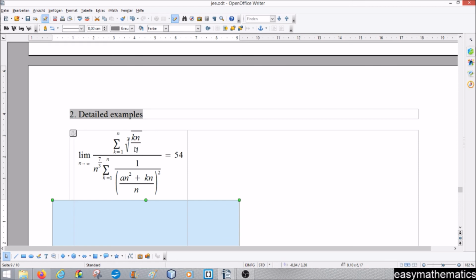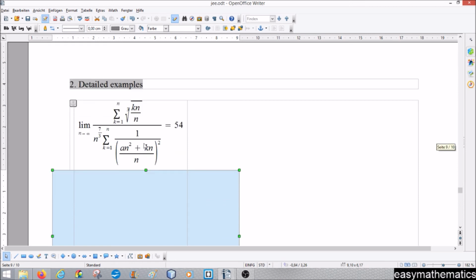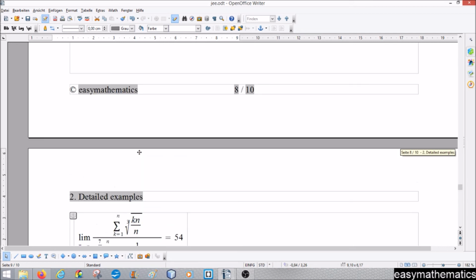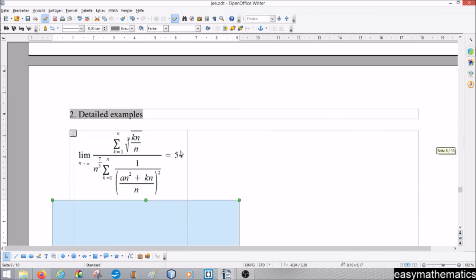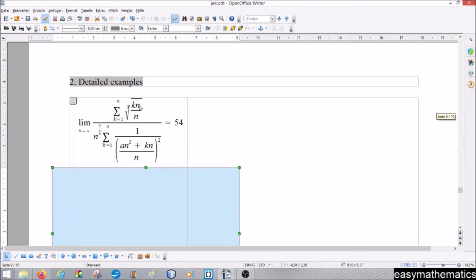This is what I can do, and the same I do with the denominator. I extend via n over n. Why do I do this? Because I want here something over n. So all we have to do is get rid of the n in the numerator.